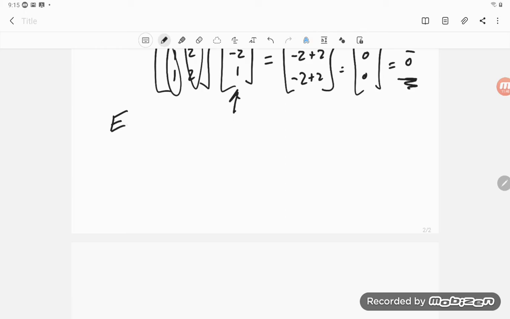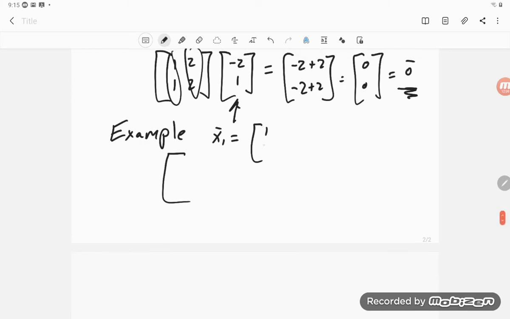An example of independence: suppose I have x1 equals (1, 1, 0) and x2 is equal to (0, 1, 1).